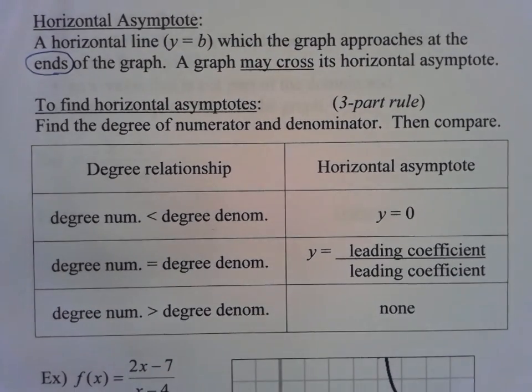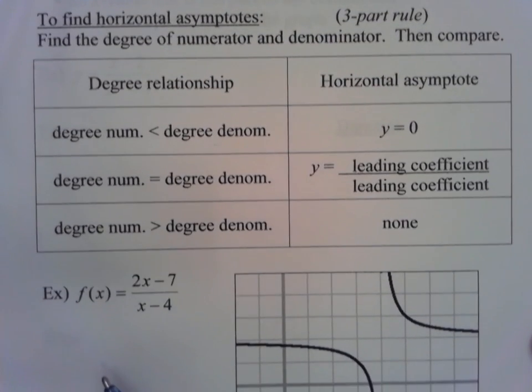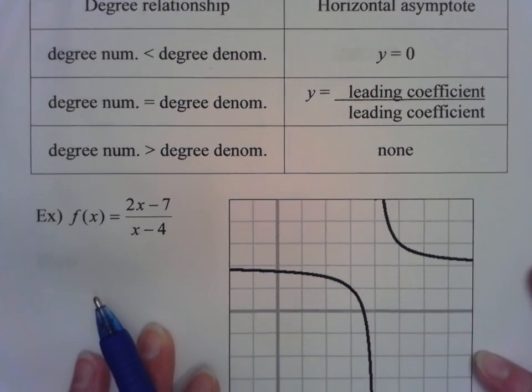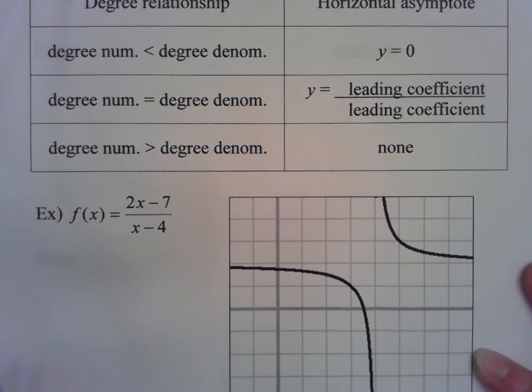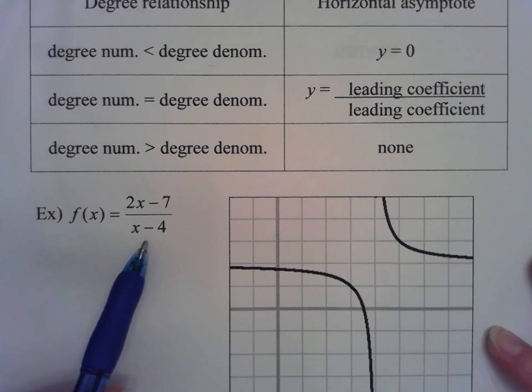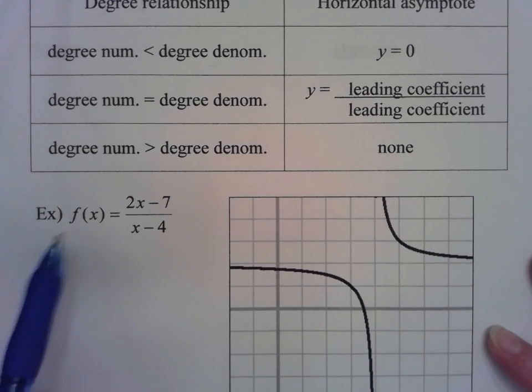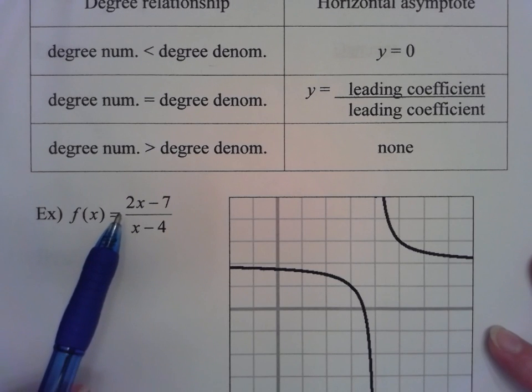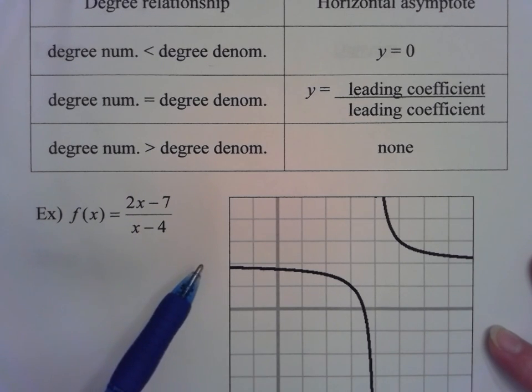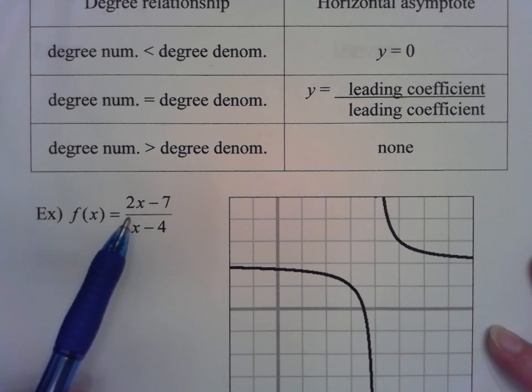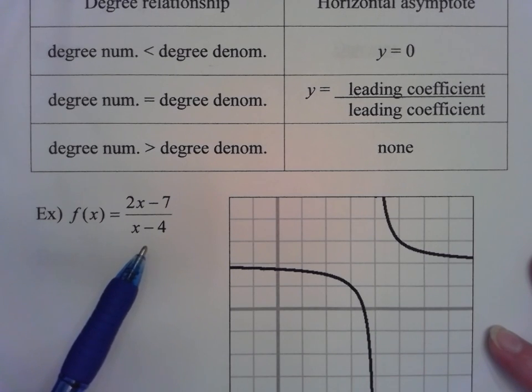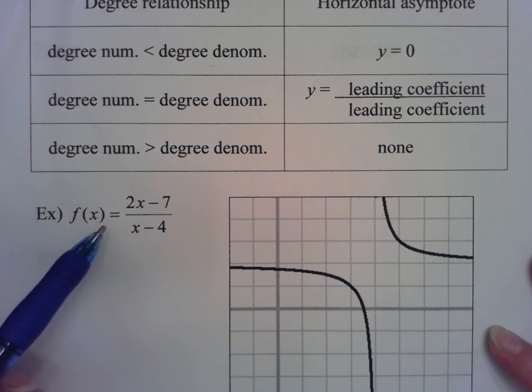Okay, so here's an example so you can make use of that. Let's see if we can fit it all on the screen. So here's our same function. We can factor and reduce and then find the horizontal asymptote, or we can do it at the beginning. It actually doesn't matter. It's the same for both. This one, like we said before, is not factorable.